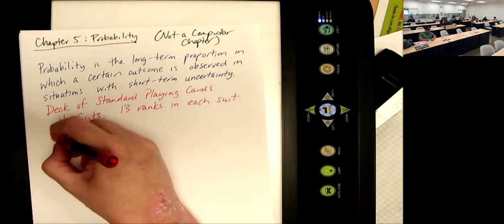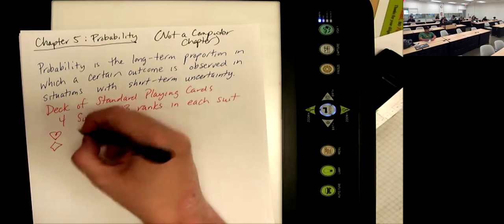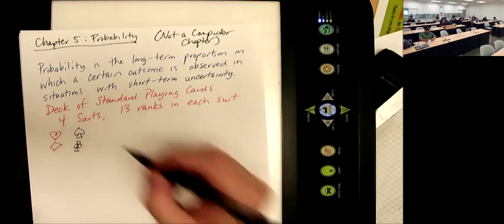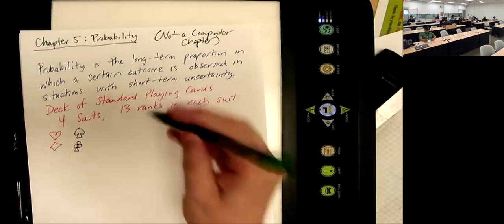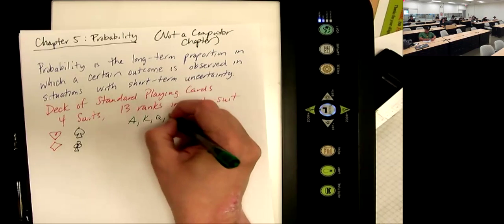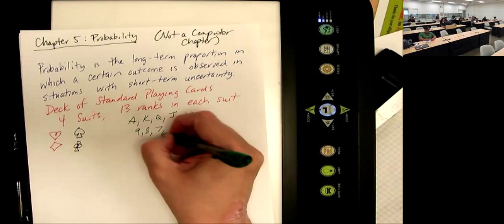We have our hearts and our diamonds, our spades and our clubs. Ace, king, queen, jack, 10, and then 9 down to 2.